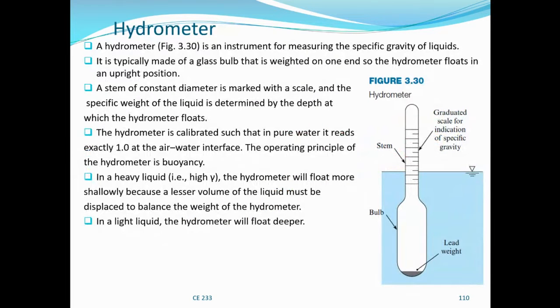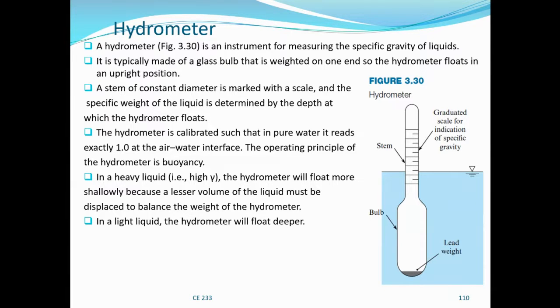Now, the application of all this buoyancy effect is in the hydrometer, which is an instrument used for measuring specific gravity of liquids. Specific gravity, that's relative density. This is the figure of the hydrometer.